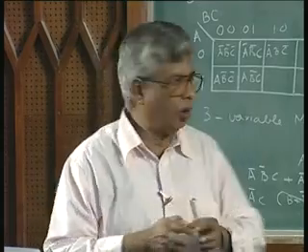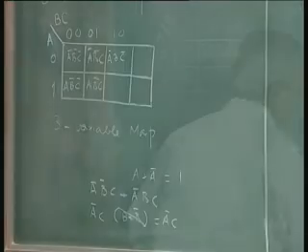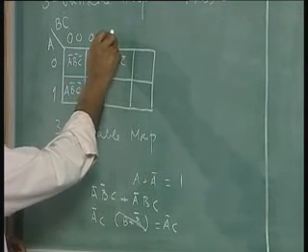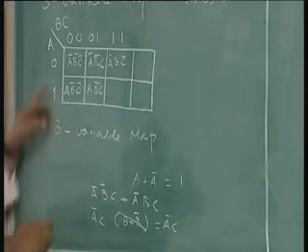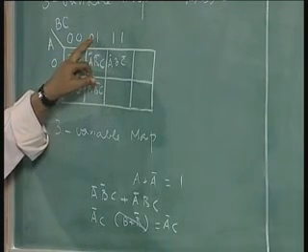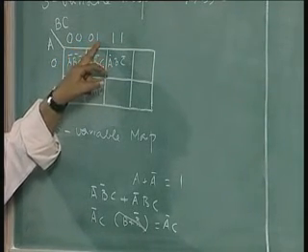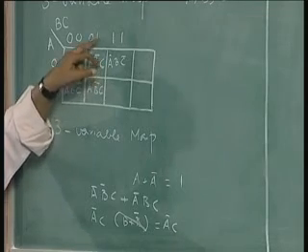So the technique is then not to write here 1 0 for BC, write here as 1 1. So that means I let B change from 0 to 1, and I let C remain as 1.